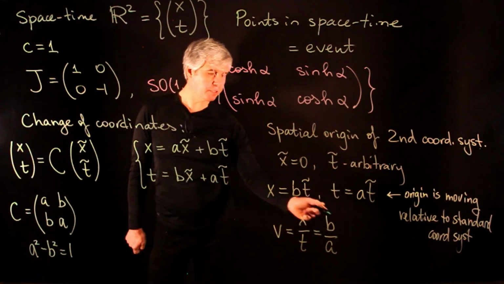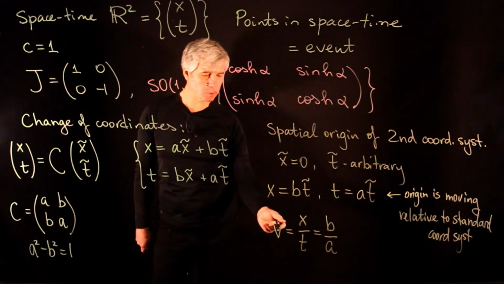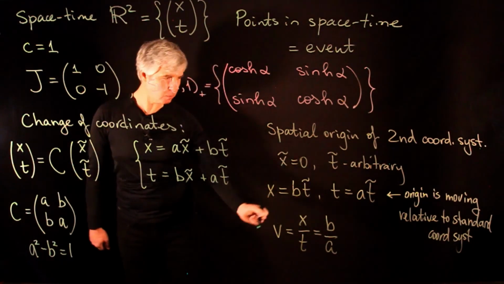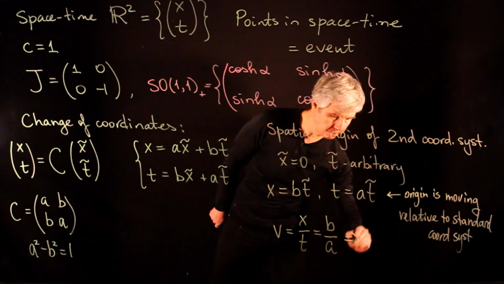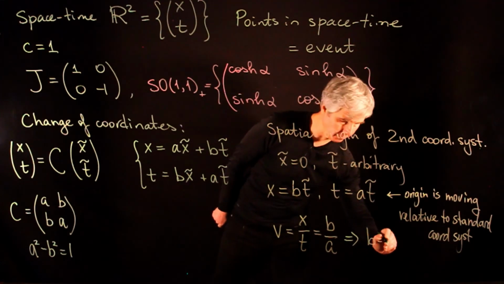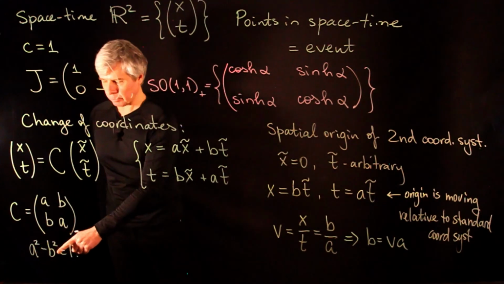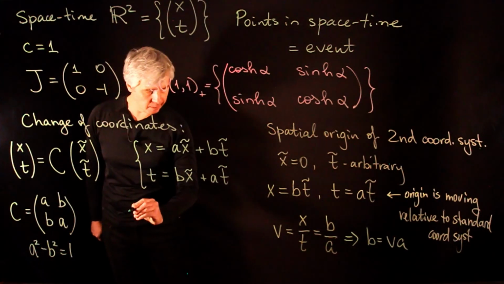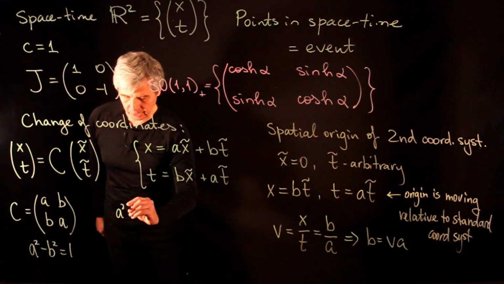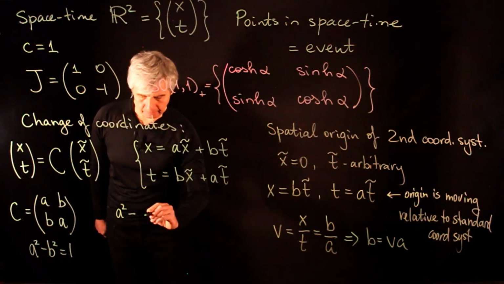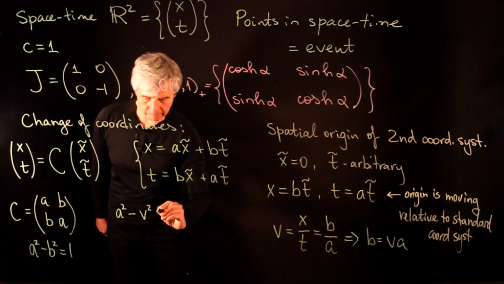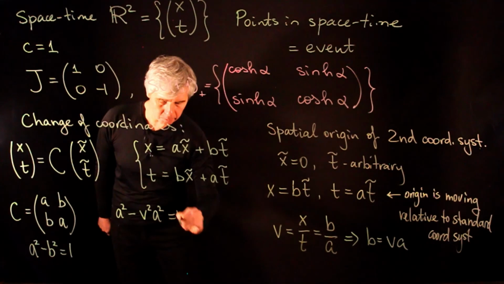Now let us solve here for a and b in terms of v. So from this equality, we see that b is equal to v times a, but then we have a relation that a squared minus b squared is equal to 1. So we get that a squared minus v squared times a squared is equal to 1.